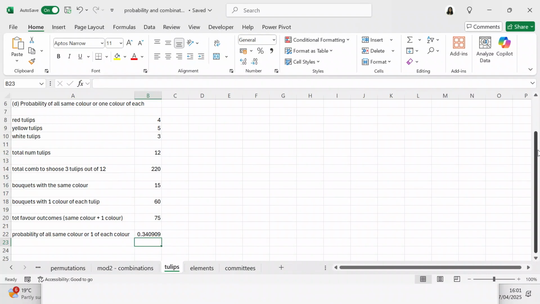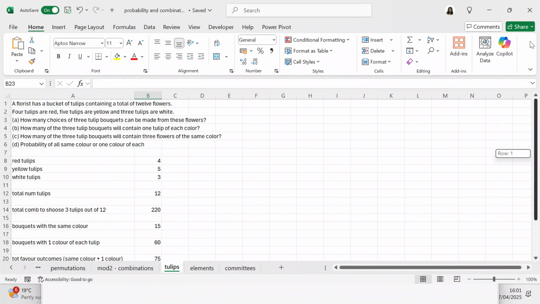Now we have a question about tulips. A florist has a bucket of tulips containing a total of 12 flowers. 4 tulips are red, 5 tulips are yellow, and 3 tulips are white. Then there are 4 questions. A, how many choices of 3-tulip bouquets can be made from these flowers?